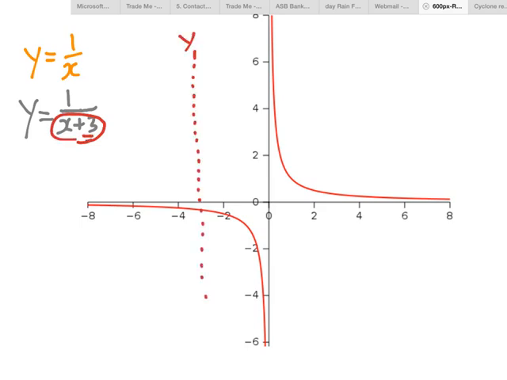So negative 3 is our pretend y-axis, and then you draw the rectangular hyperbola by shifting each point across 3 units. That's a sideways shift because it is with the x.